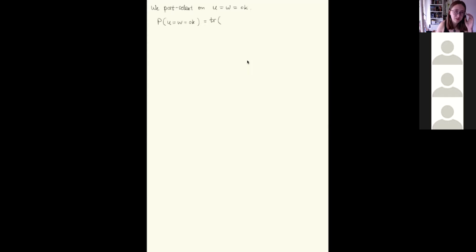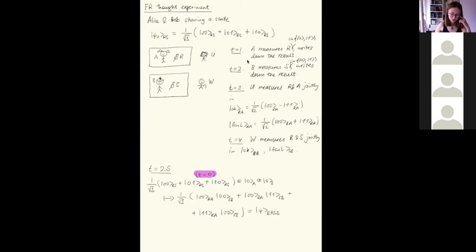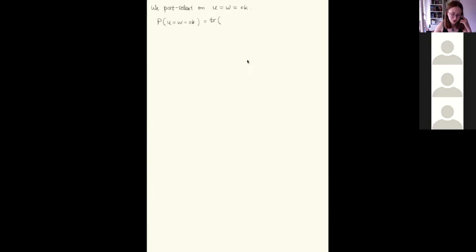We need to project our state, which let me label as psi RASB, first into Ursula getting okay, and then Wigner getting okay.